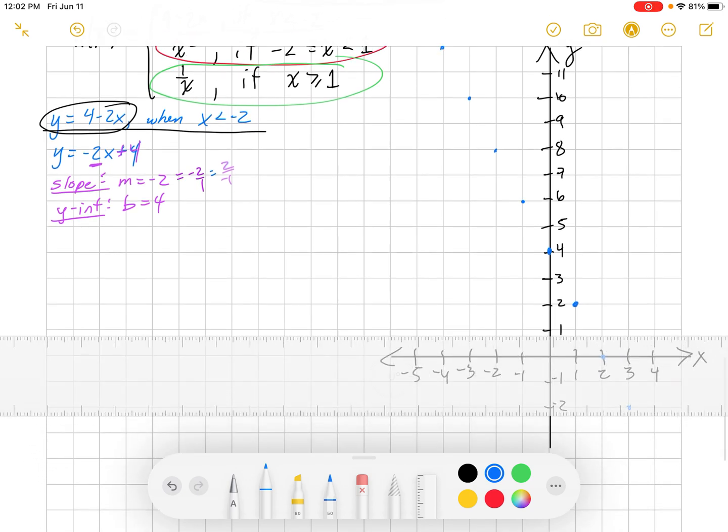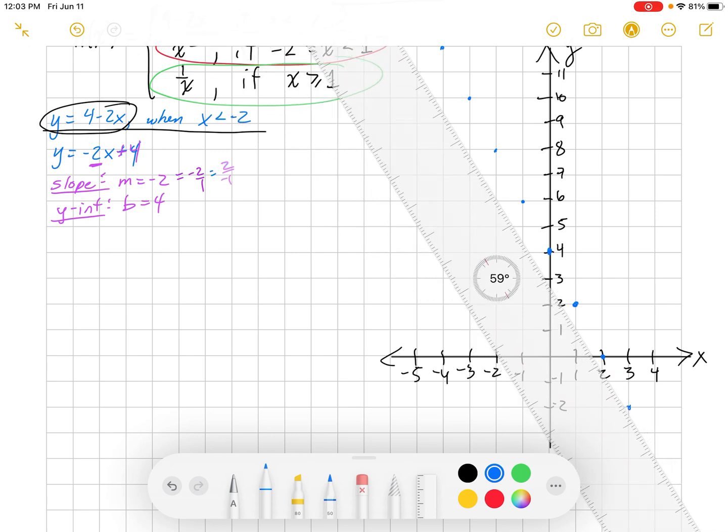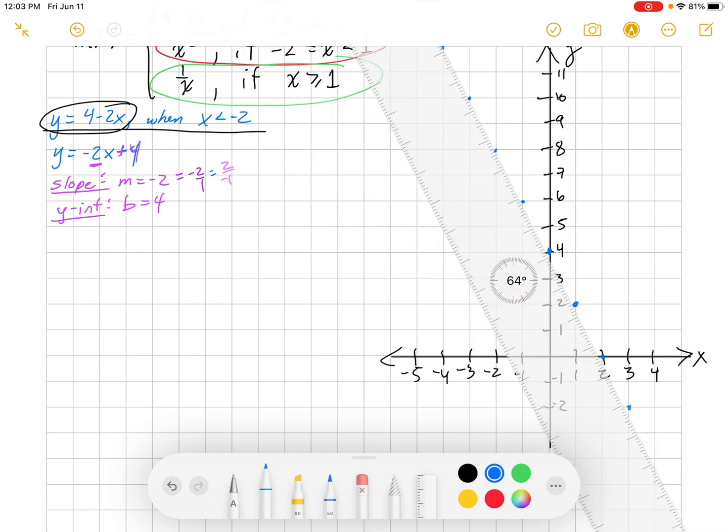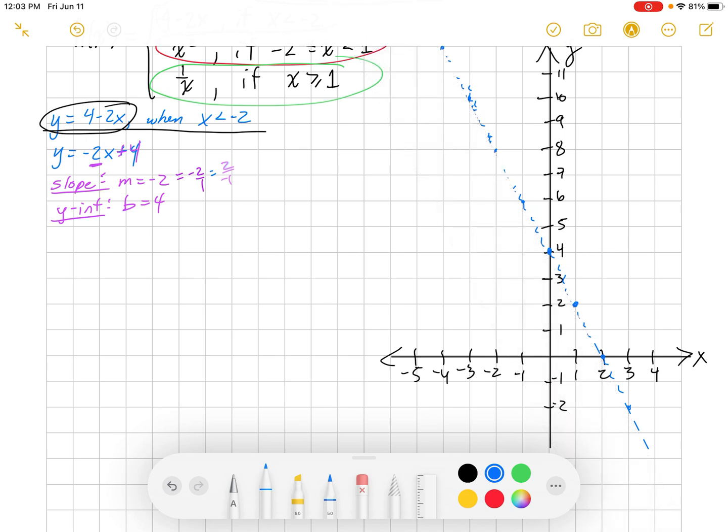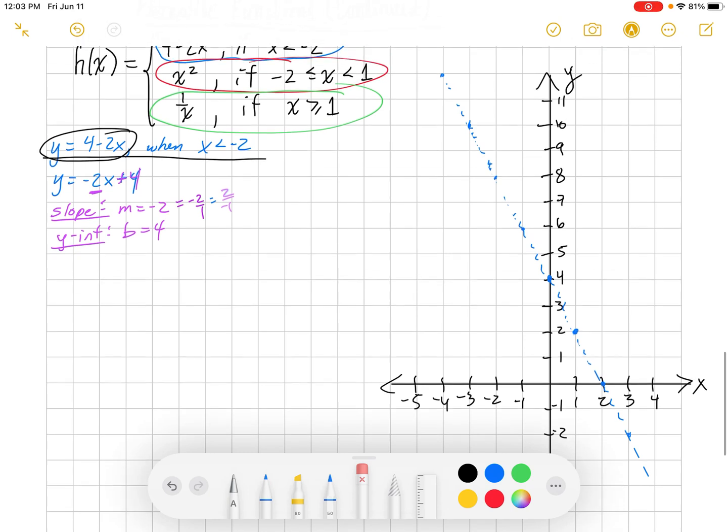And if I were to connect these very lightly with a very light pencil, let's pretend that's my light pencil there. Ooh, I got some stray dots here. That's what my line would look like.